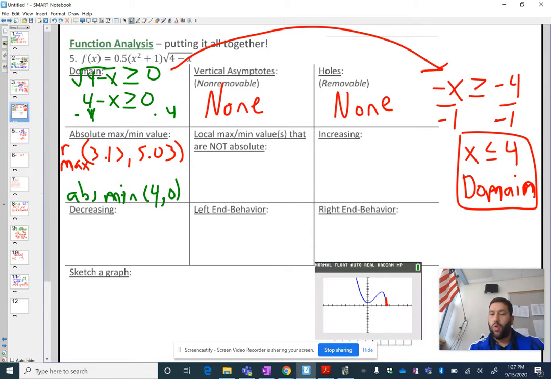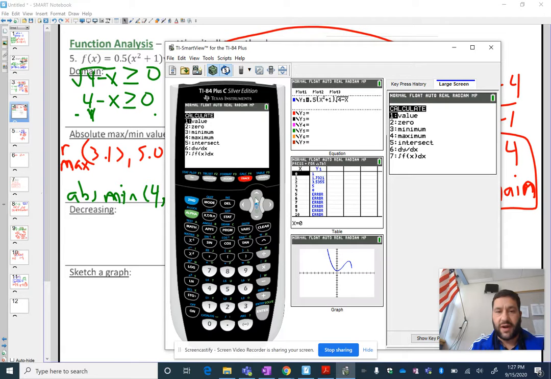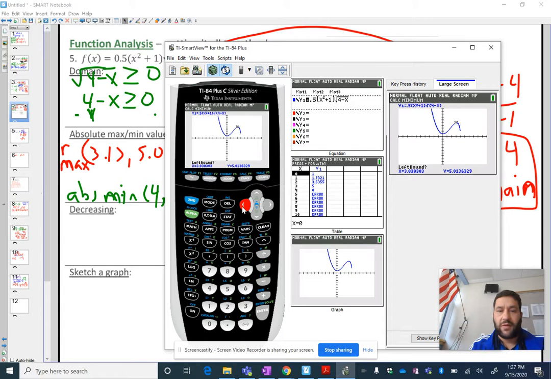Okay, and we can find one more relative min by going back to the calculator. It looks like it's going to be 0.1, but let's not guess. Let's actually find it out. So second calc, we're going down to option 3 for min. Okay, we're going to move to the left of it. Move to the right of it. Make sure we don't stay on guess.